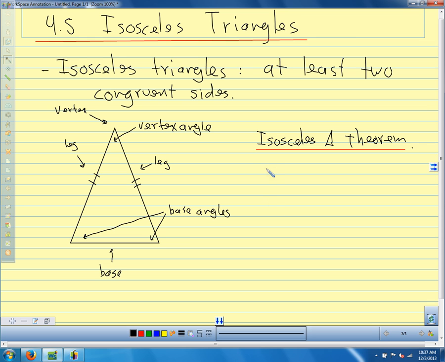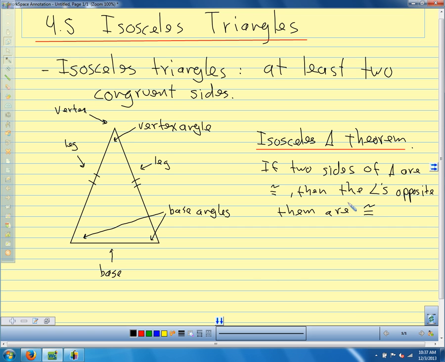So the isosceles triangle theorem tells us that, in words, if two sides of a triangle are congruent, then the angles opposite them are congruent. So that's what our theorem says.